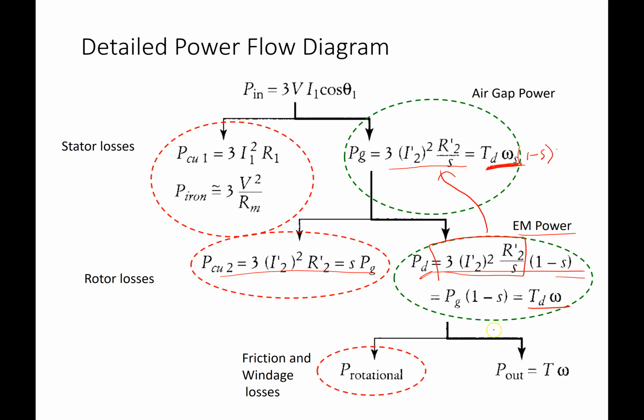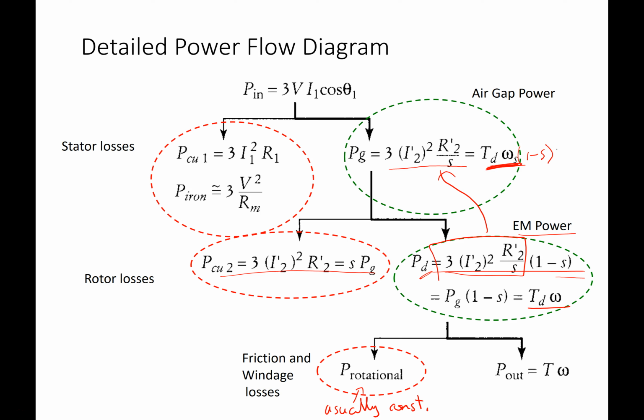And now that we have this mechanical energy being produced, some of it goes into friction and windage, and the remainder, and this is usually treated as a constant, the rest of it goes to the output, and this is your horsepower that you have here, and this is the shaft torque.